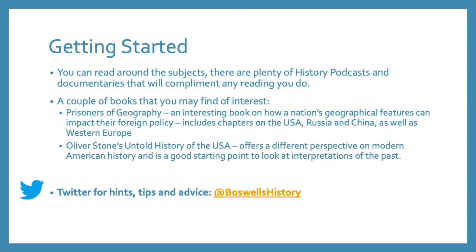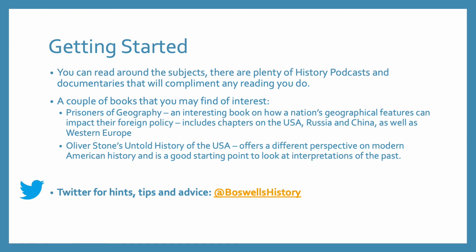To get started, there's a number of things you can do, and there are some suggestions coming up. You can look at a wide range of history podcasts and documentaries that will complement any reading that you do. We ask you to read some sections of Prisoners of Geography, an interesting book on how nations' geographical features can impact their foreign policy. There are chapters on America, Russia/Soviet Union and China, as well as Western Europe.